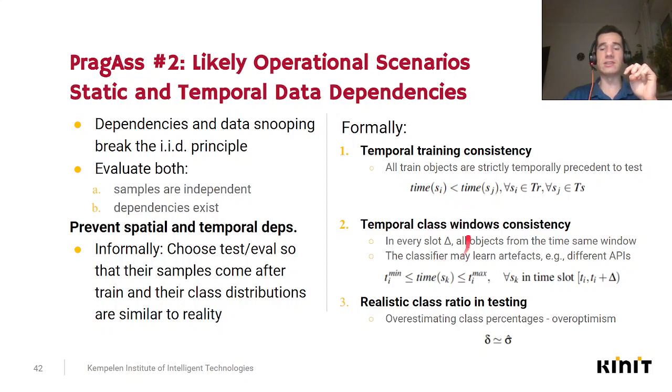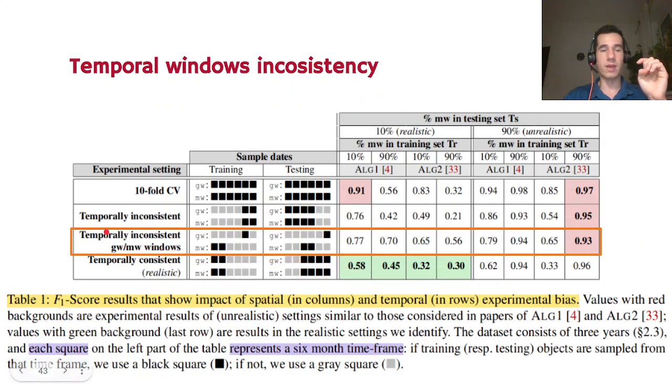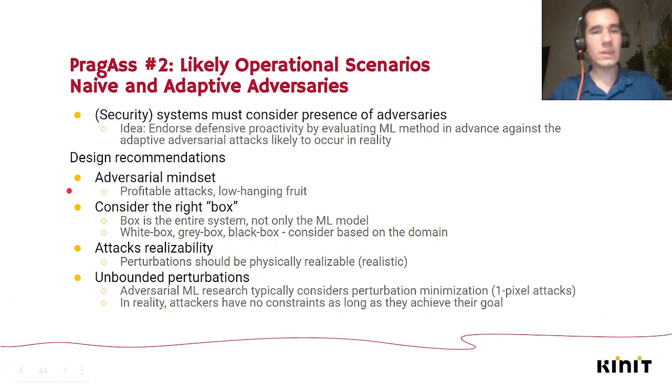This concerns our windows, as I was talking about before, and we will see in the next slide very briefly, but the time of the window should correspond to all elements within that window or time slot, and of course a realistic ratio of classes in testing. So we want to achieve class percentages or ratios in our data similar to those in reality. There is the window condition I was talking about before, but very briefly.